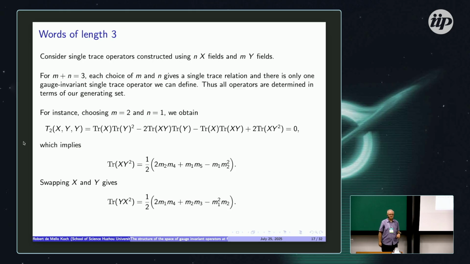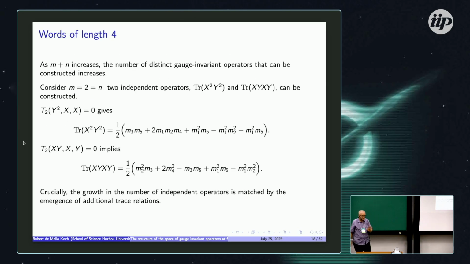So using the trace relations, I can rewrite that length 3 operator in terms of the primary invariants. Swapping x and y, I can write this operator in terms of the primary invariants too. It's equally easy to write down the trace of x cubed and the trace of y cubed. Those are just single matrices. If we go to n is 4, there's something new that appears, and it appears when m is 2 and n is 2.